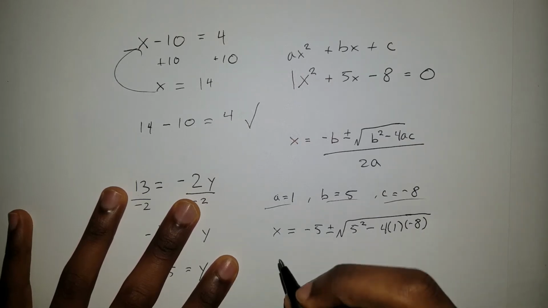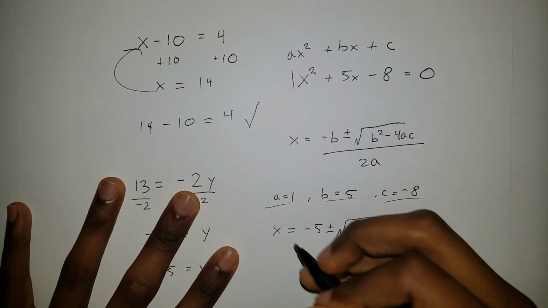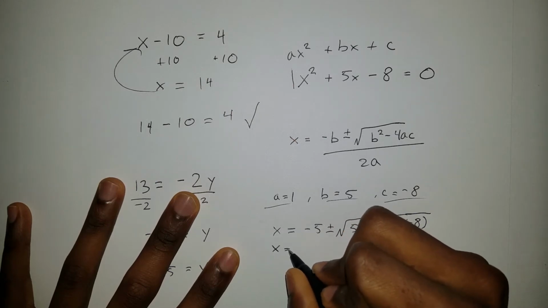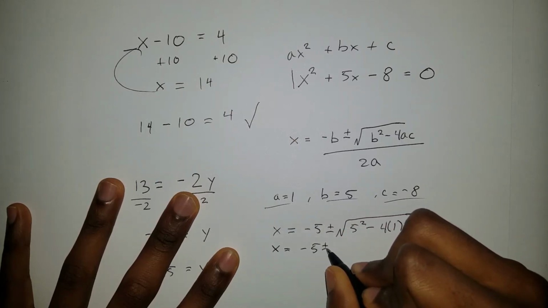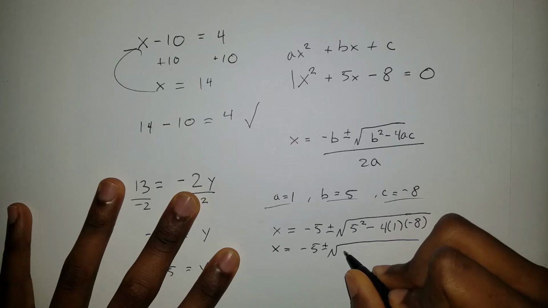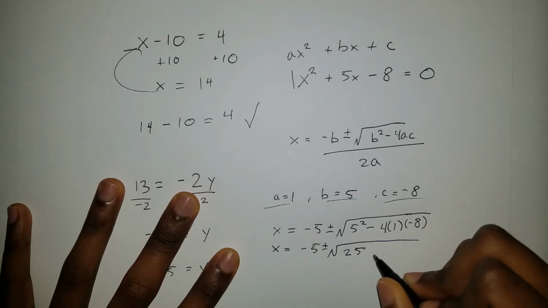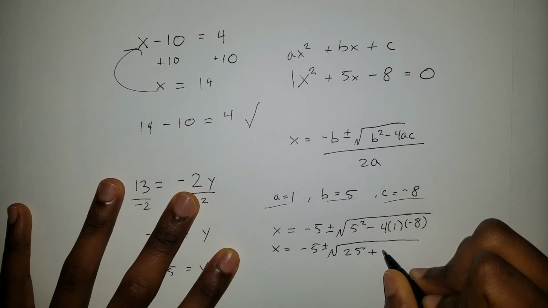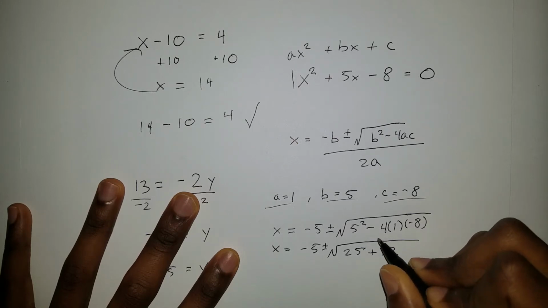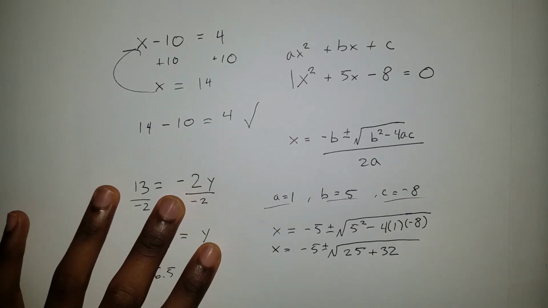All right, so we have x equals -5 plus or minus the square root of 25, and then 4 times 8 is 32, plus 32, because negative times negative is a positive.